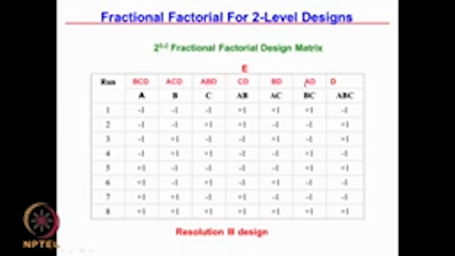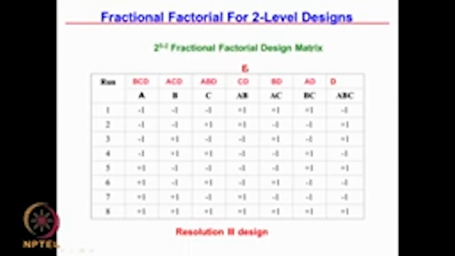Now, you want to introduce one more variable, a 5th variable, that means a 2 power 5 design, that is 32, but you want to do only 8 experiments, that means 1/4 of 32, which is 2 power 5 minus 2. So, the question is, if I put E here, what happens?